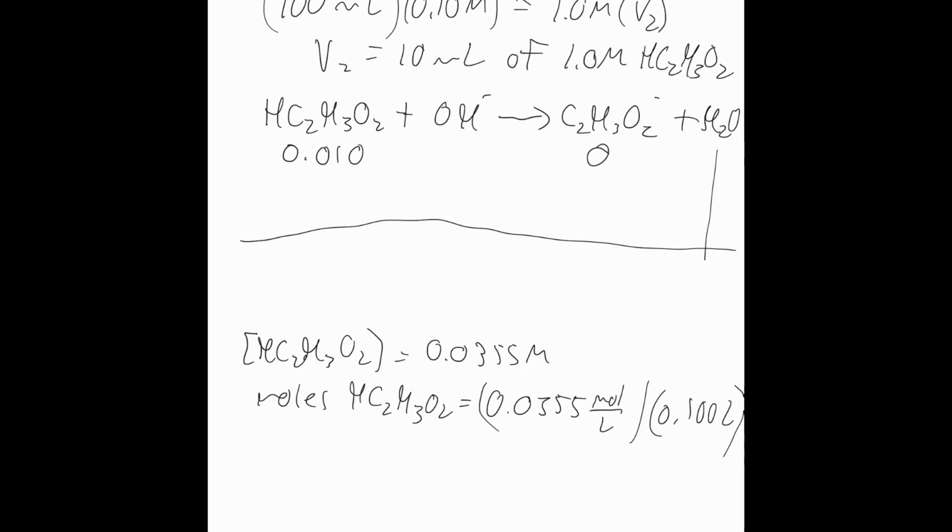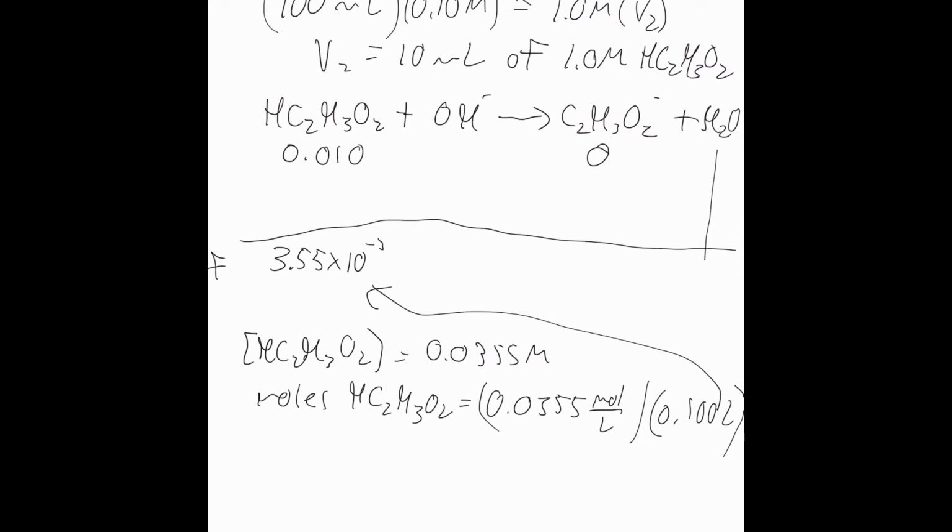So our final moles, if we did that math, would be 3.55 times 10 to the minus 3. So we need 3.55 times 10 to the minus 3 moles of acetic acid in 100 milliliters to make 0.0355 molar. Okay, so you see how we're setting this up.